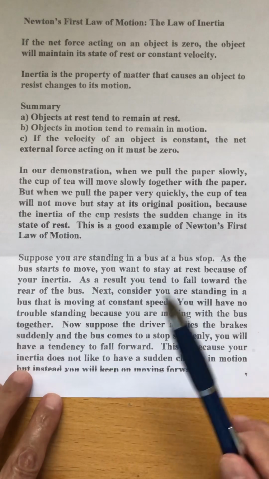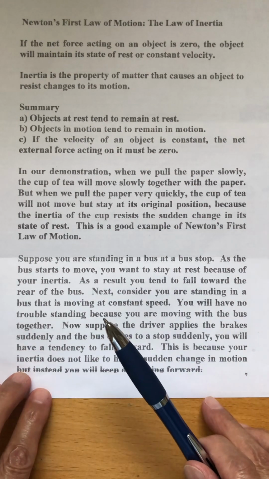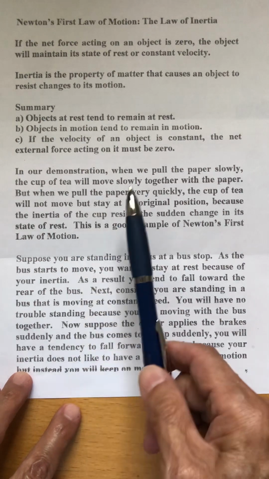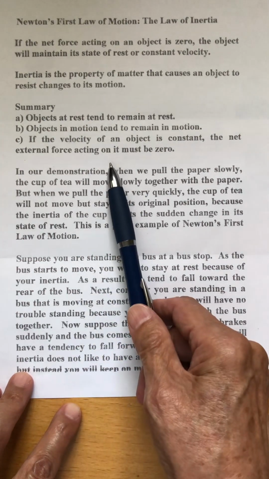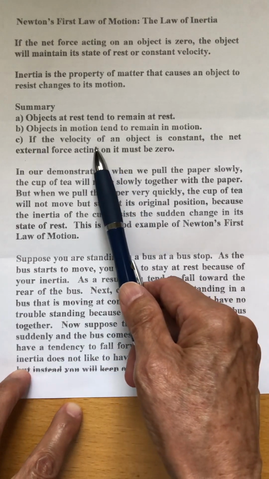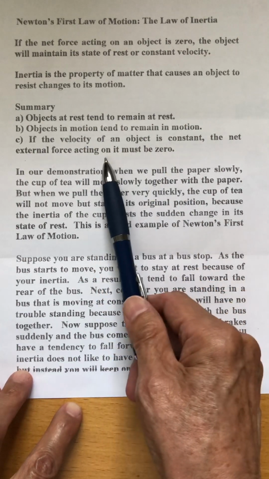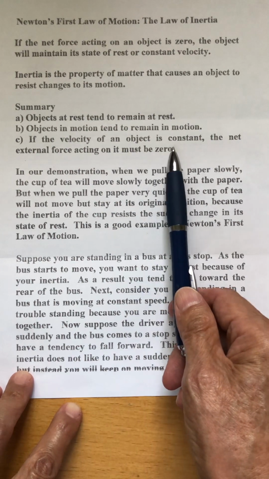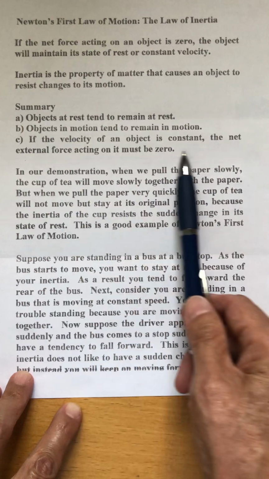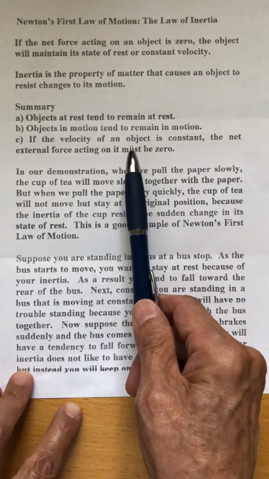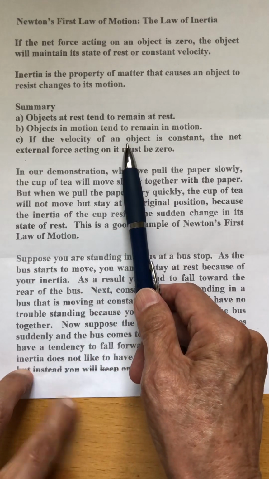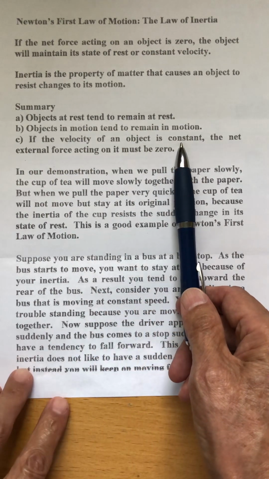If there is no external force, no net force on the object, then the velocity must be constant.